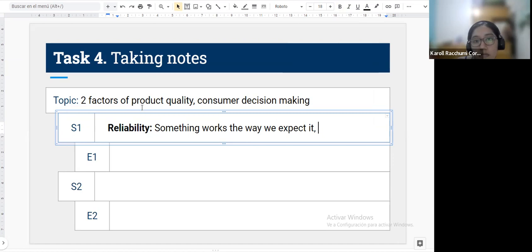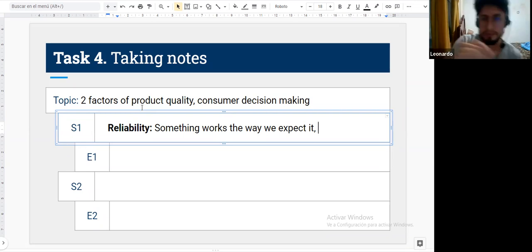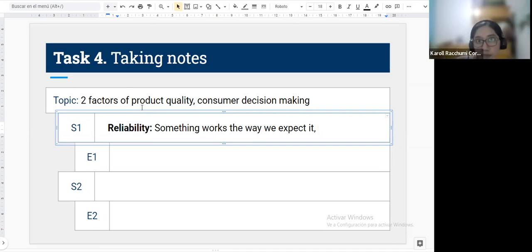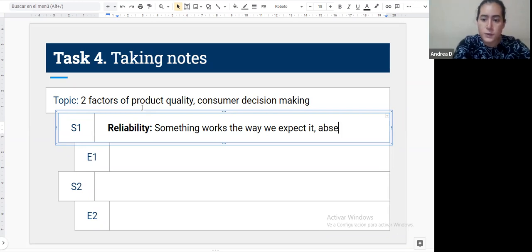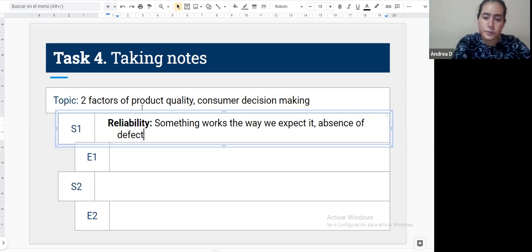Okay, good. Anything else? In itself, it's just quality. Absence of defects. Okay, good. Absence of defects. Okay, guys, great.